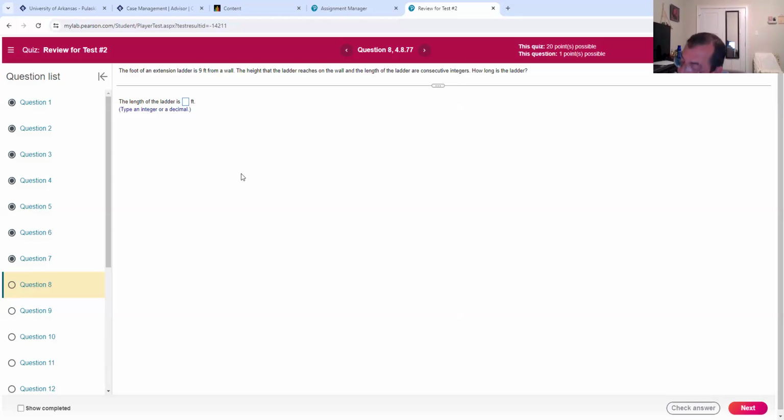Now, the height the ladder reaches on the wall and the length of the ladder are consecutive integers.